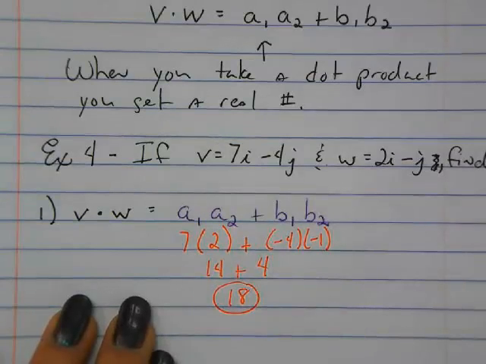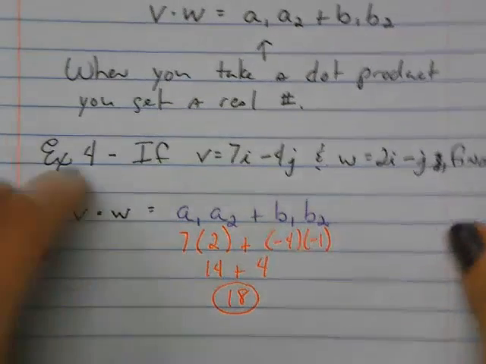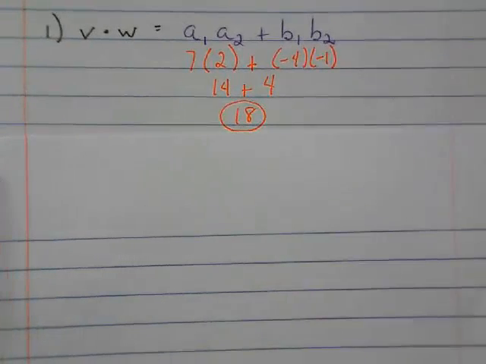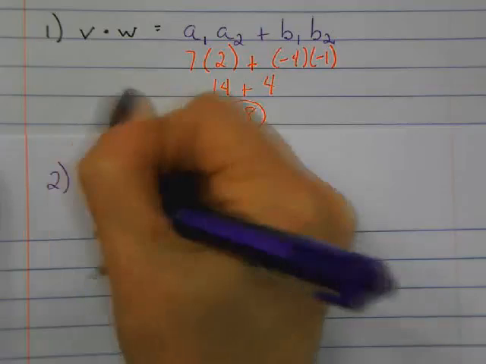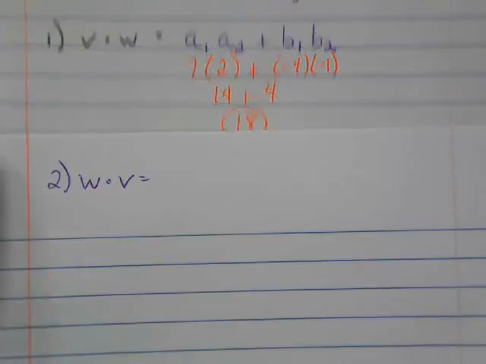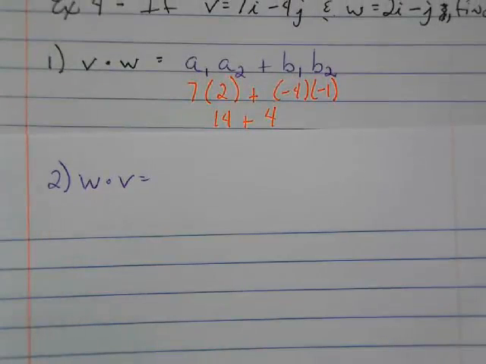So my question is, is the dot product commutative? Let's see about that. What if I asked you to take w dot v? Are they going to give me the same answer? Alright, well let's see.